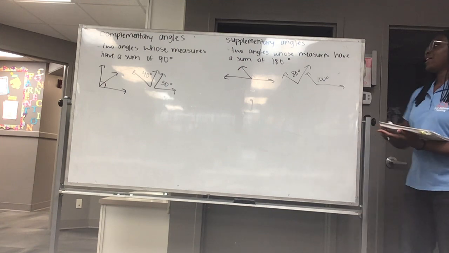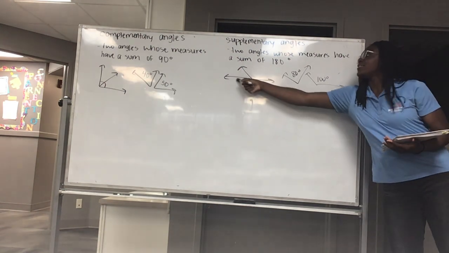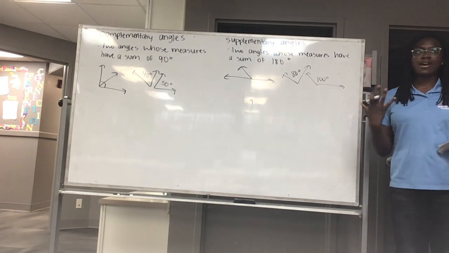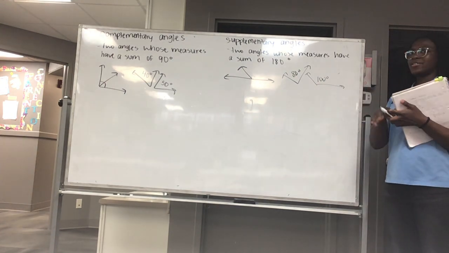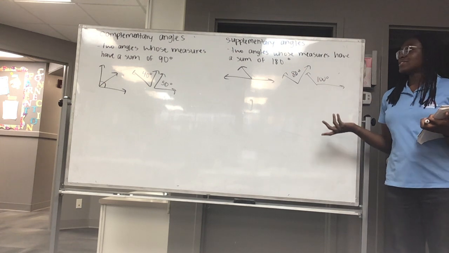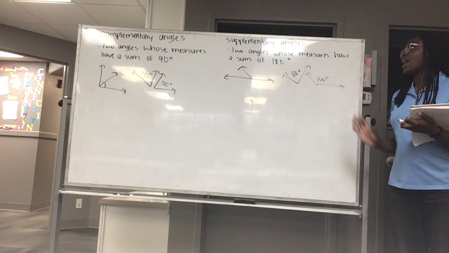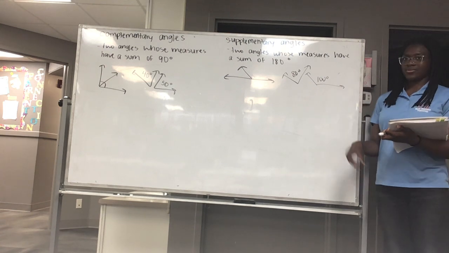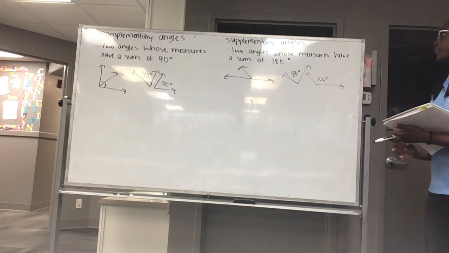Usually my supplementary angles are forming a straight line, kind of like this one we have here. So that's just how I remember those. The supplementary forms a straight line, and then I guess the complementary doesn't. But yeah, it's important to know complementary is 90 degrees, and supplementary is 180 degrees.